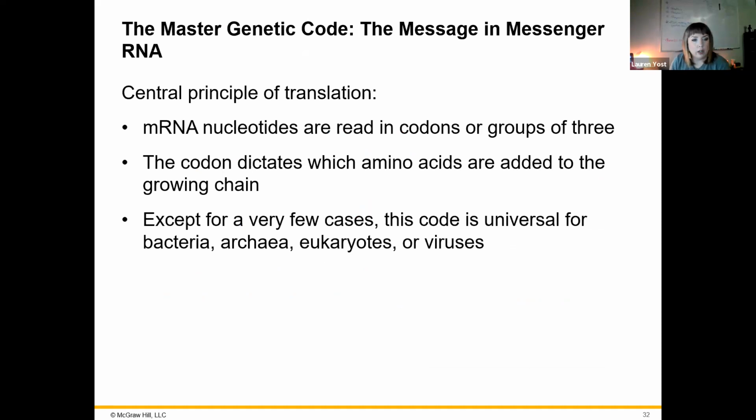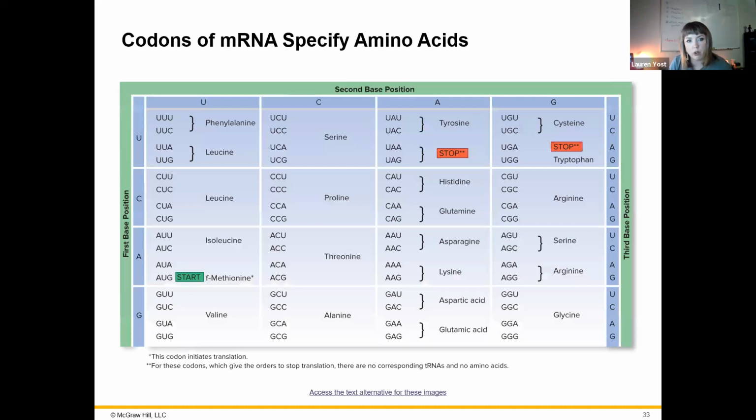Okay. Our messenger RNA, again, is going to be read in these groups of three nucleotides that we call a codon. Basically, there's almost a pseudo-universal code for all of this stuff. And here it is. So if your codon reads UUU, then you code for phenylalanine.